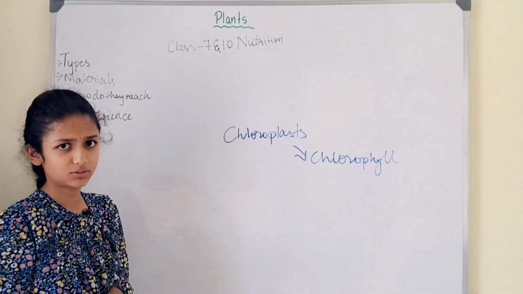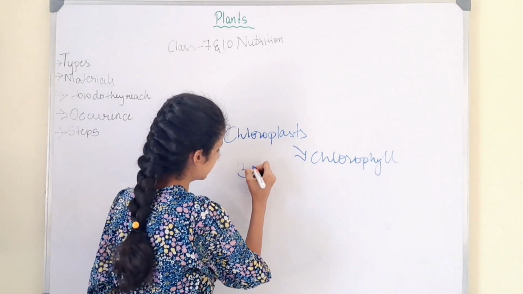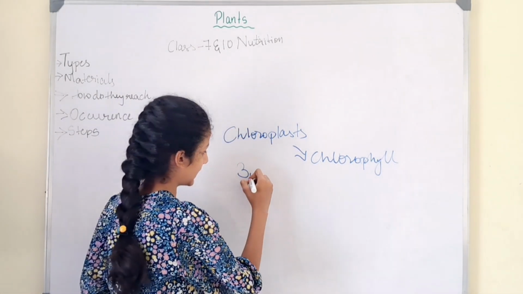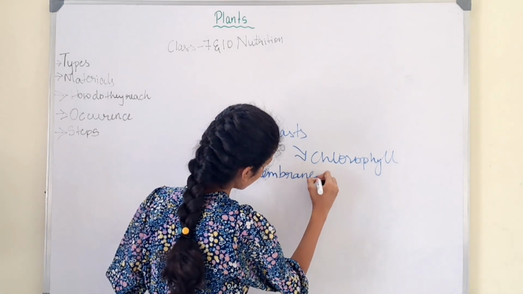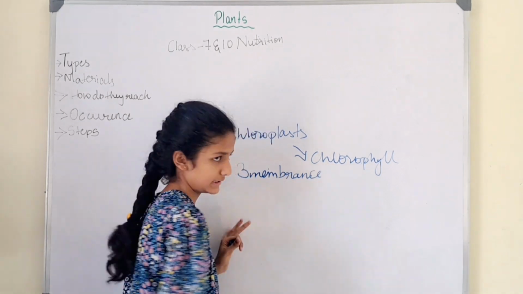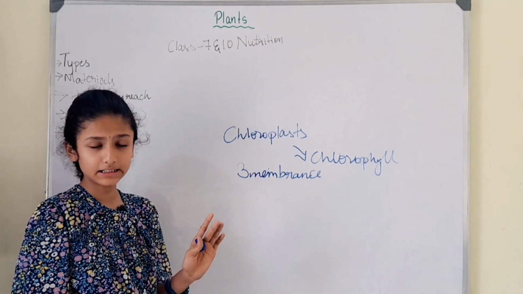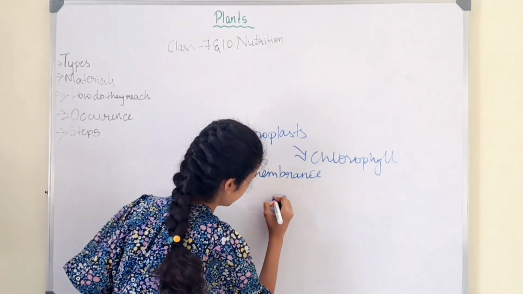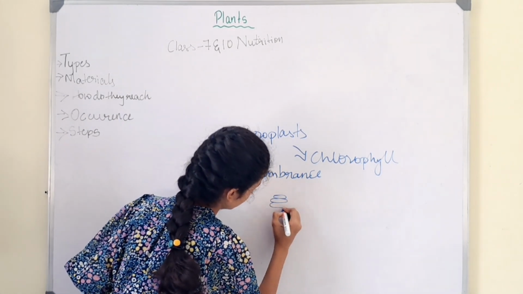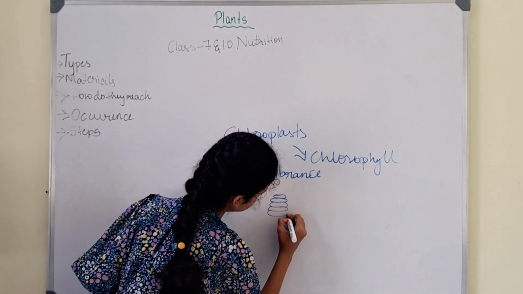Now chloroplast, what is it? It is a three-layered membrane organelle. It has three membranes. Two membranes are like that.